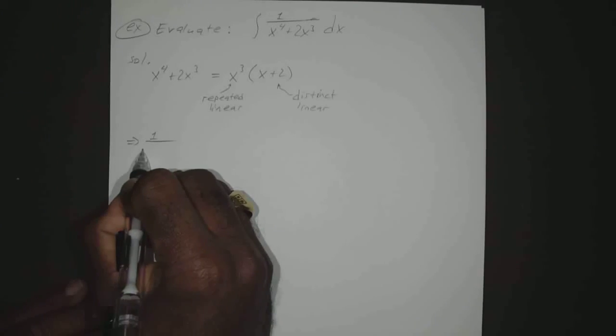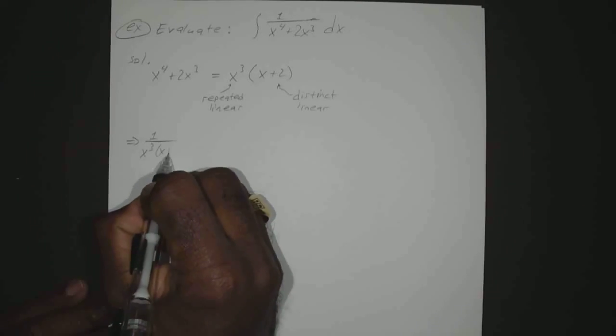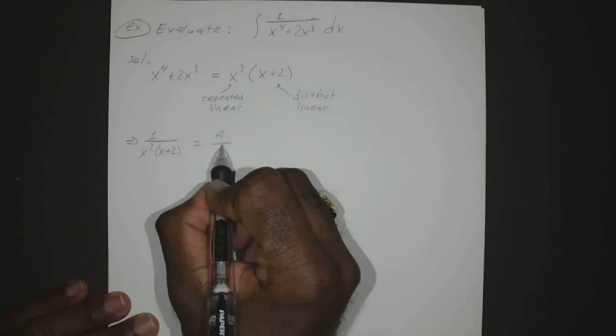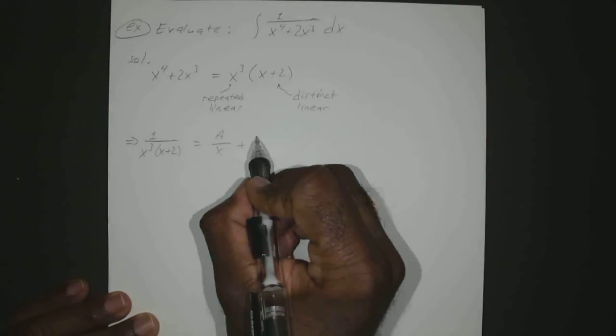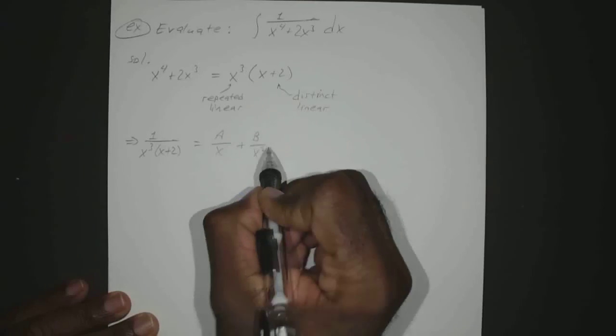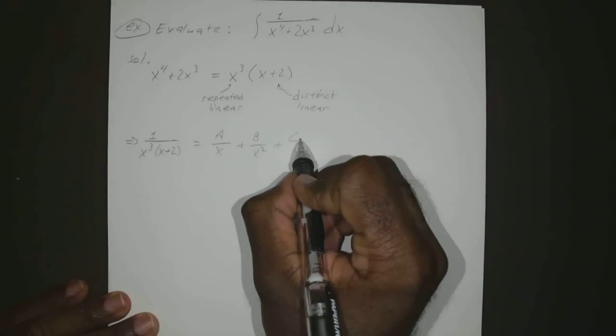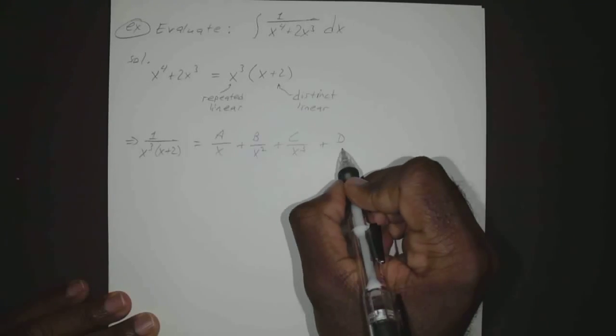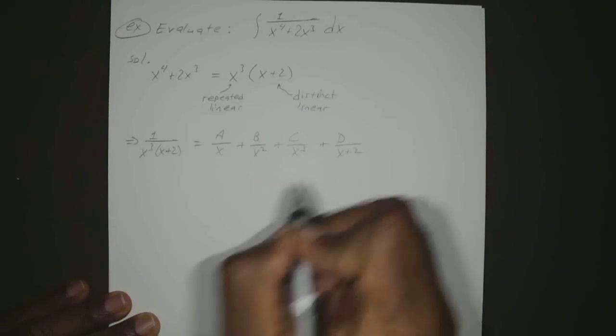Okay, so we just rewrite that as 1 over x to the 3rd times x plus 2 equals a over x plus b over x squared plus c over x to the 3rd plus d over x plus 2.